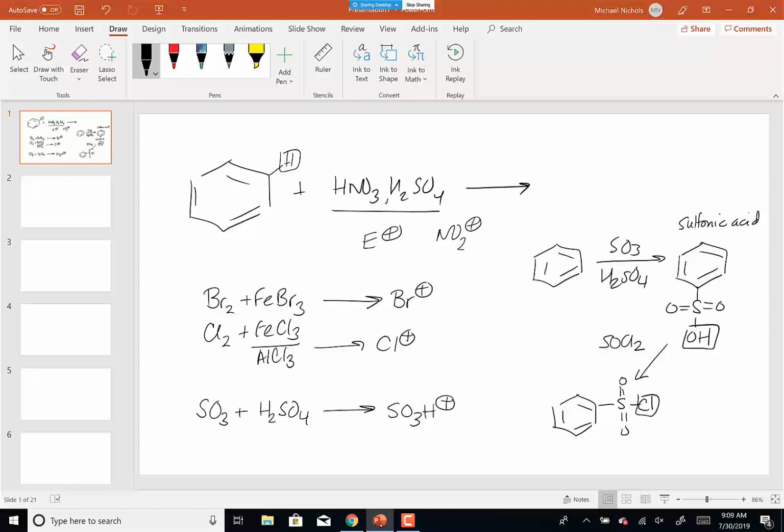Now, the role of the tosylate would be to turn the OH into a leaving group as a chloride. But we can use SOCl2 to convert any OH group into a Cl. So this is where tosyl chlorides come from. They come from the sulfonic acid, by taking benzene and adding SO3 and H2SO4.